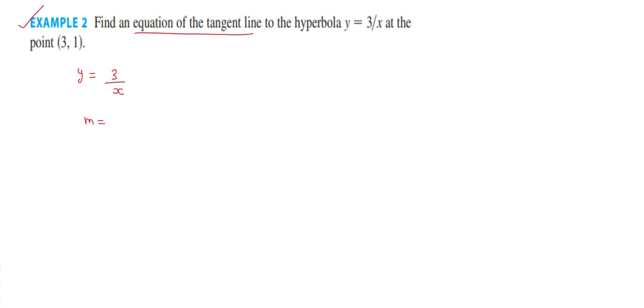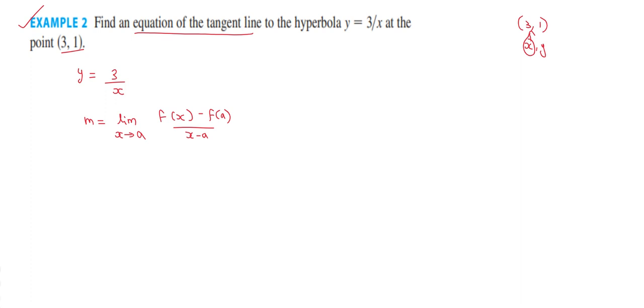For finding the slope, I am going to use the formula m equal to limit x tends to a of f of x minus f of a divided by x minus a. Here they have given the coordinate point (3, 1), meaning x comma y. So the x value here is 3.